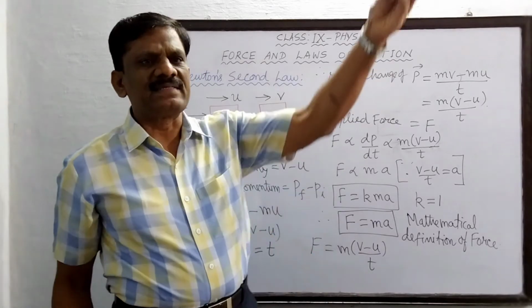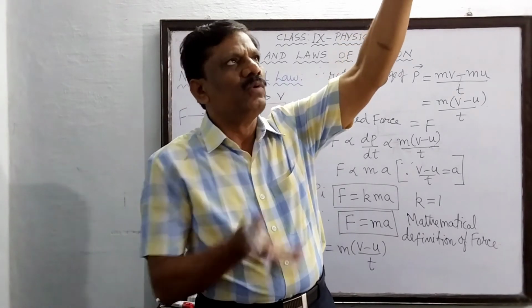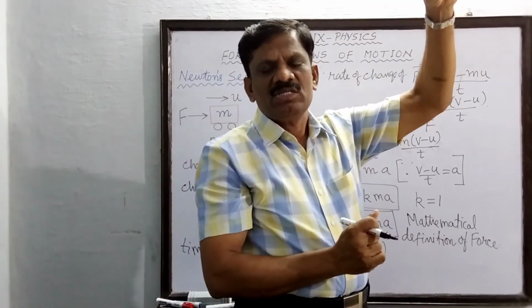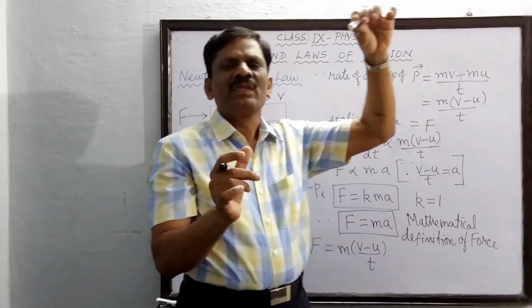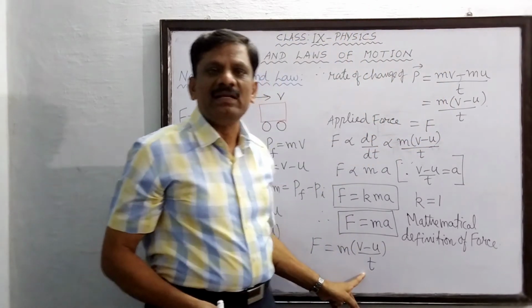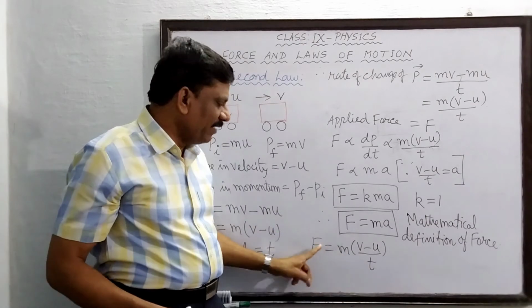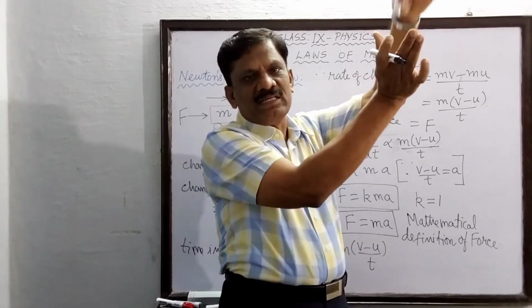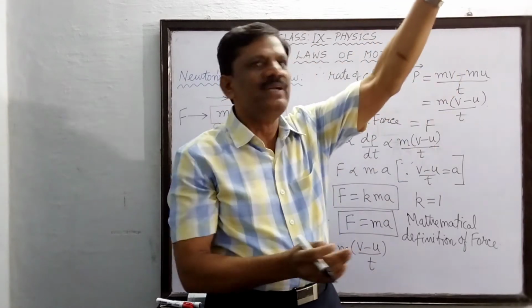Suppose the object is coming in the air and you are catching it quickly, so the time interval is very short. When the time interval is very short, the average force exerted by the ball on our hand will be greater.